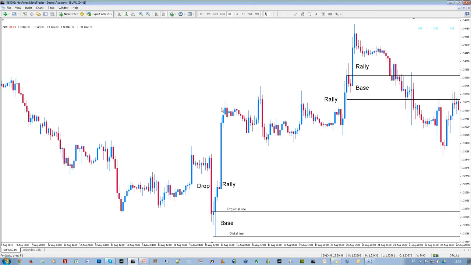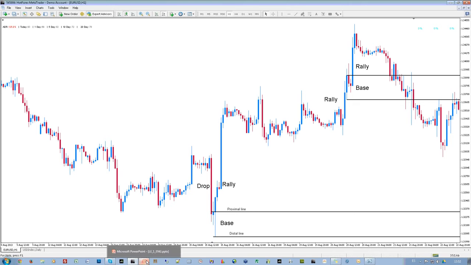The outgoing leg, the rally in this case for a demand level, is the most important, the departure. It's always the second leg. For a supply level, it is the first leg up, then a base, and then the drop. This is the first leg, base, and second leg.